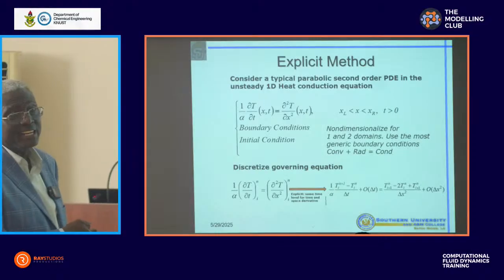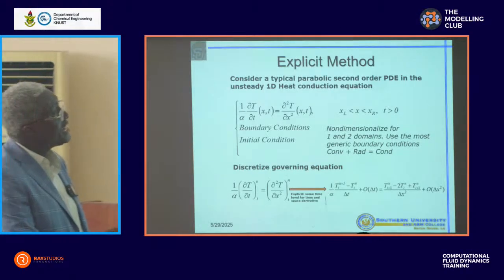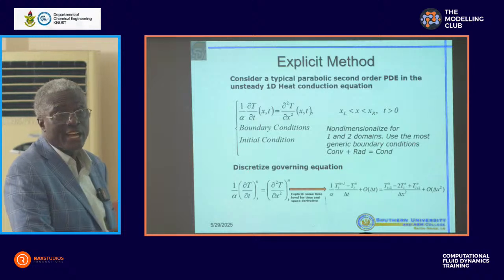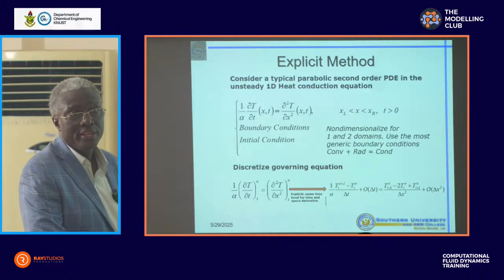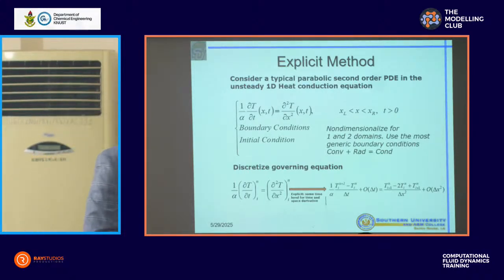Well, if you go back to your calculus, the spatial derivative in x is second order. So if it's second order, you need two boundary conditions.